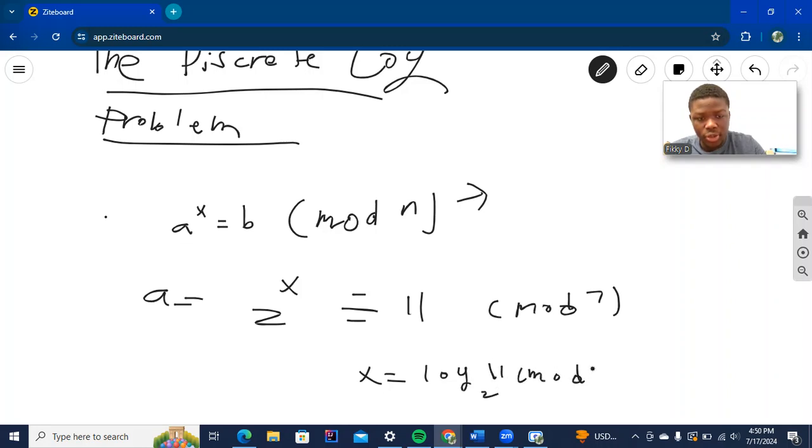That's how you write a discrete log. And this is basically 5, because 32 mod 7... oh wait, I'm actually trolling. Yeah, but this is 4. But you get the idea. Basically, 2 to the 5th is 32, and then mod 7, you remove 28, you get 4. That's how it looks. It's just adding more concreteness to it. But yeah, that's the discrete log problem.